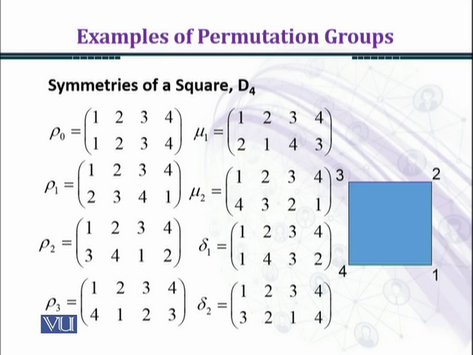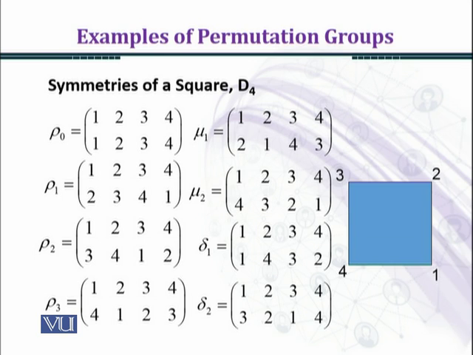In delta 1, 1 and 3 are fixed, 2 goes to 4 and 4 goes to 2, and in delta 2, 2 and 4 are fixed, 1 goes to 3 and 3 goes to 1. In mu1, 1 goes to 2, 2 goes to 1, 3 goes to 4, 4 goes to 3, and in mu2, 1 goes to 4, 4 goes to 1, 2 goes to 3 and 3 goes to 2.